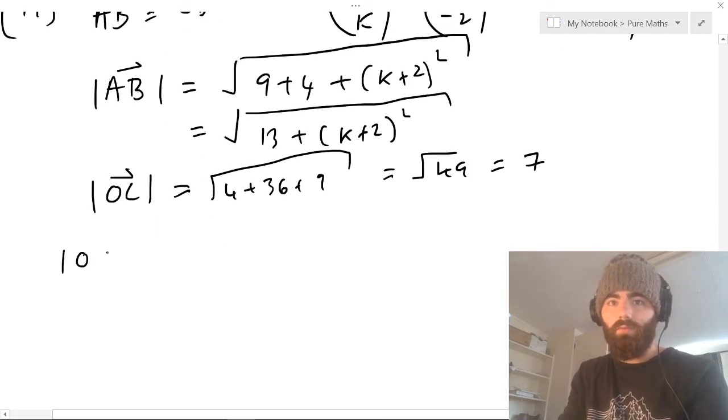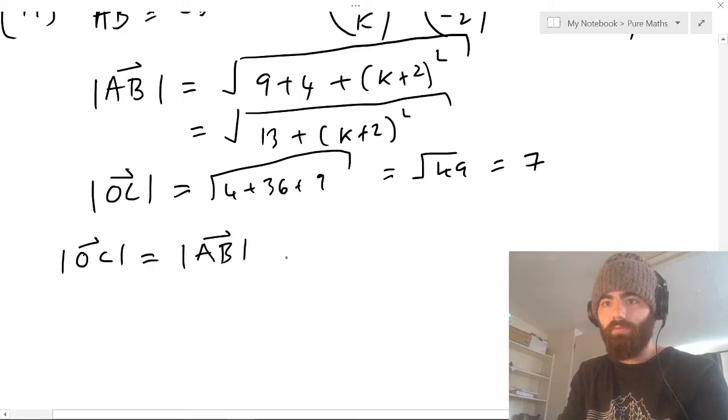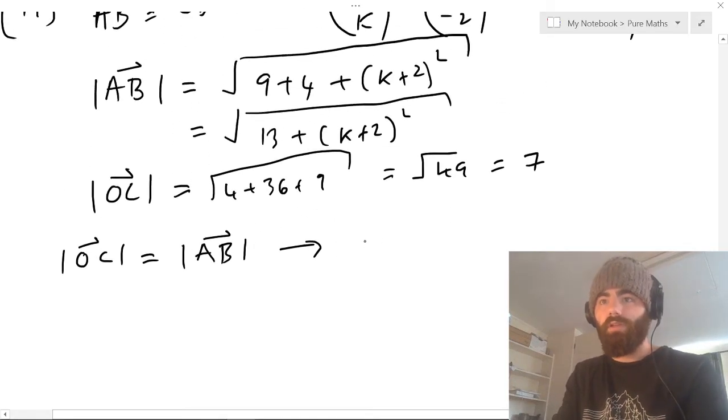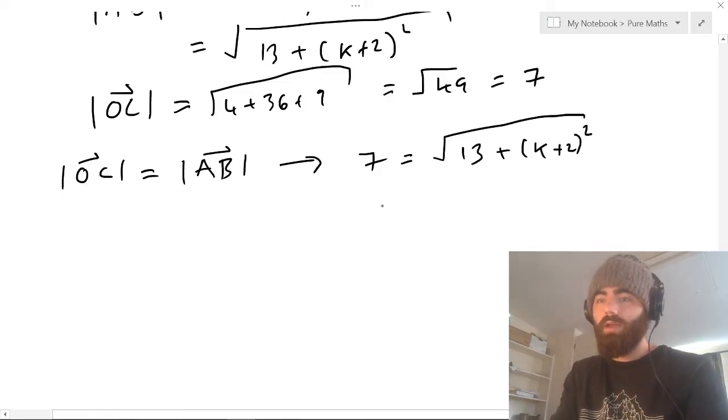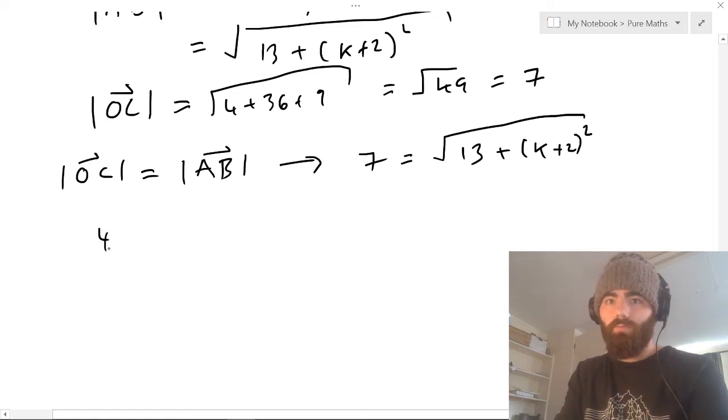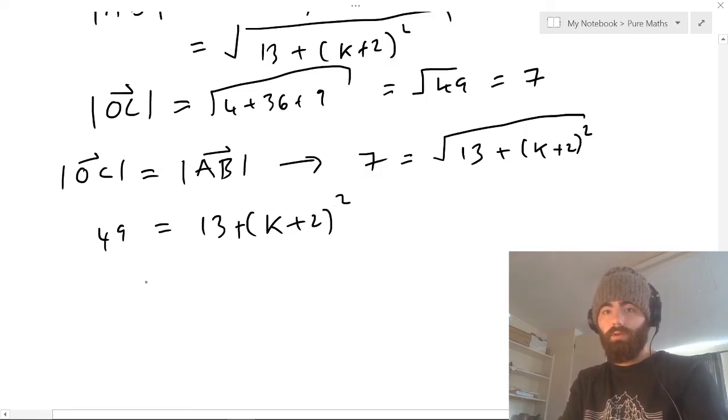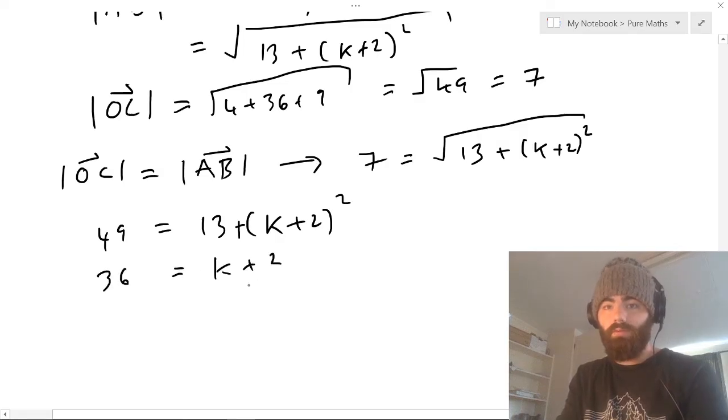So then we equate these two to find our possible values of k, which gives us 7 equals the square root of 13 plus (k plus 2) squared, so you get 49 equals 13 plus (k plus 2) squared. So that means you get 36 equals (k plus 2) squared.